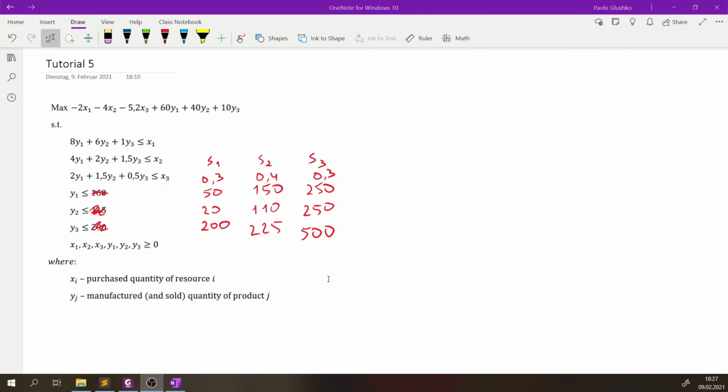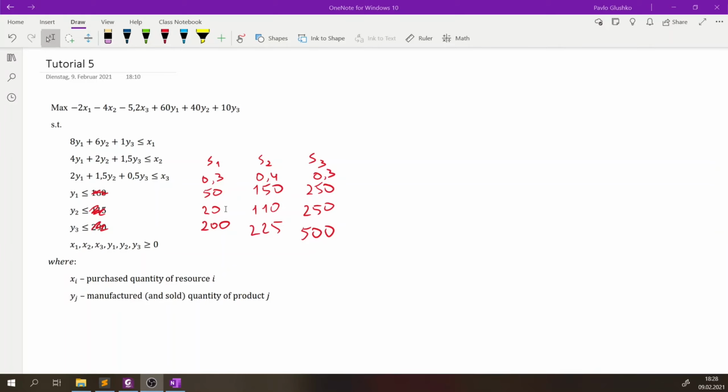Now we are asked to build such a model. Our model will be almost exactly the same as the deterministic model, but we need to somehow choose these right-hand side parameters in such a way that whatever scenario realizes in the future, these constraints are never violated.